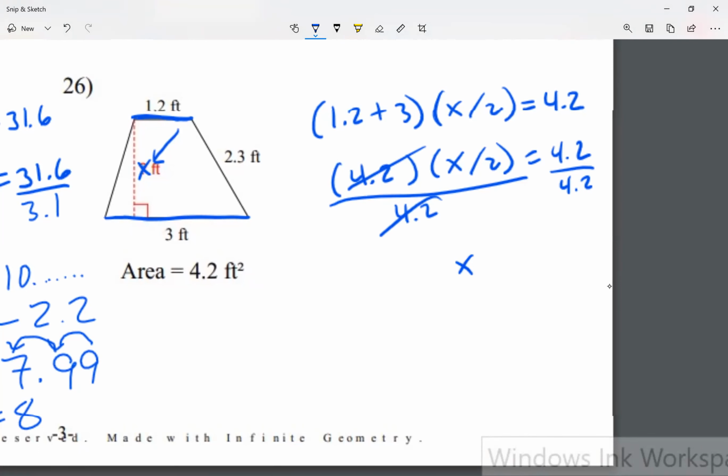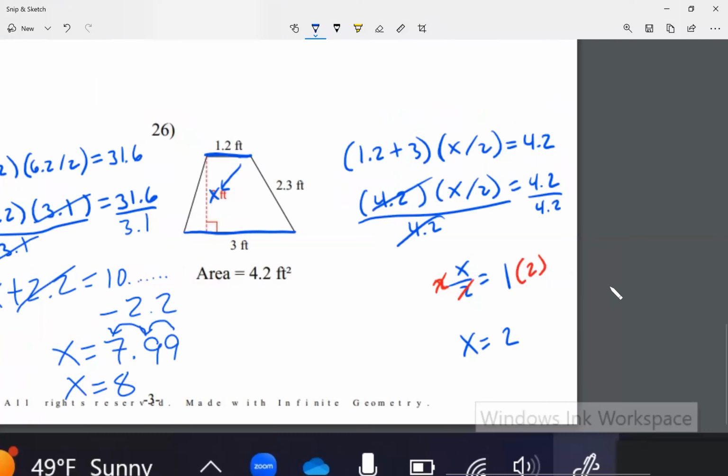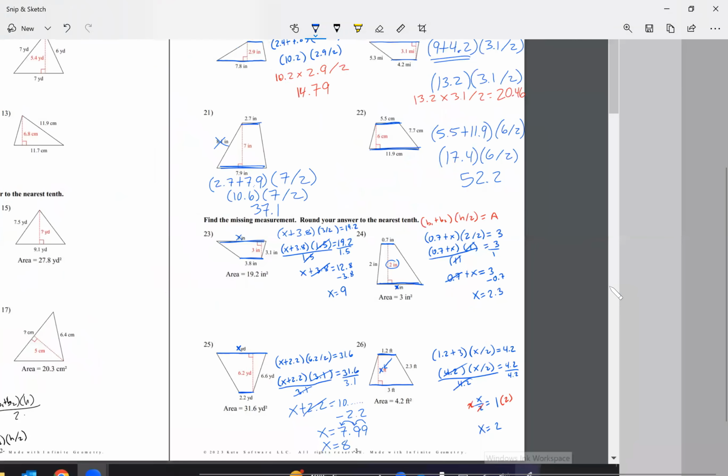So I have x divided by 2 equals 1. Right? 4.2 divided by 4.2 is 1. I want to have the x by itself. The opposite of divide is multiply. Let me multiply by 2 because I want these 2's to cancel out. And I get that x is equal to 2. Let me zoom out so you guys can see what we did. There you go.